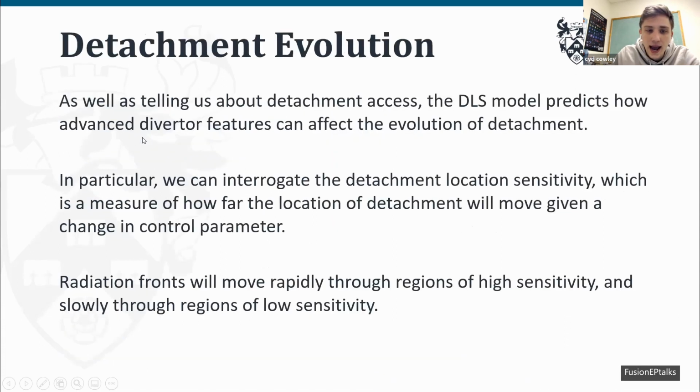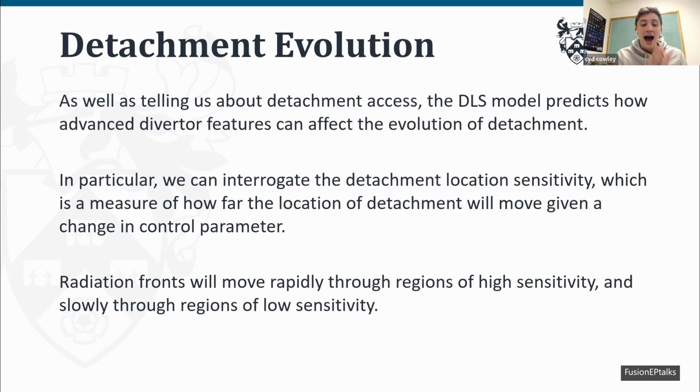So as well as looking at just access to detachment, we can use the DLS model to predict how detachment evolves. So when we have this radiation front, how it moves with regards to a change in, for example, when you inject more impurities, your radiation front can move further and further away from the target, and the divertor can get more and more detached. But we wanted to look at how that movement changes in different divertor configurations. And we can do that using what's called the detachment location sensitivity in the DLS model.